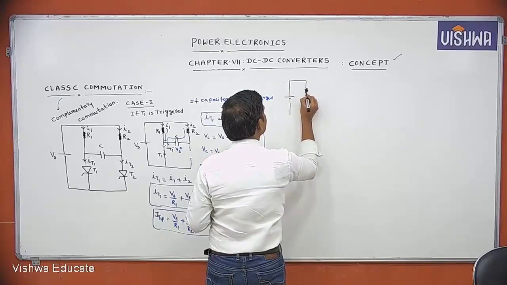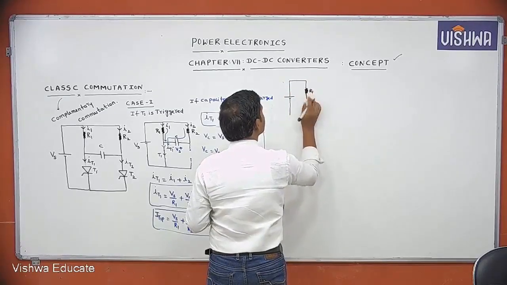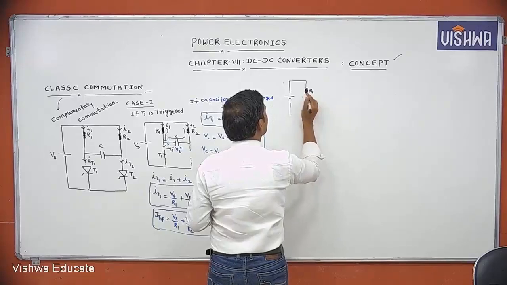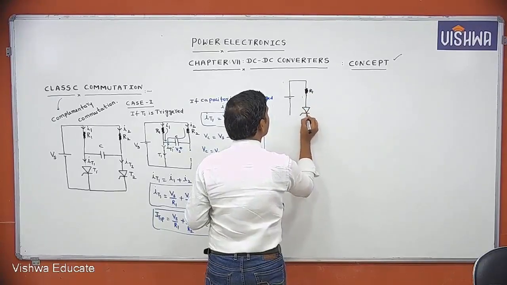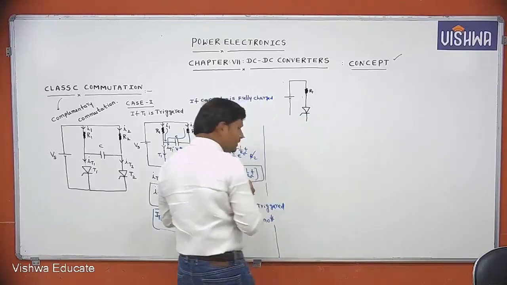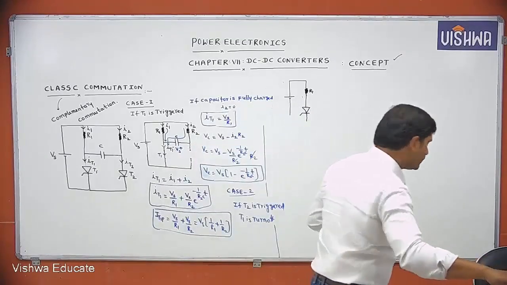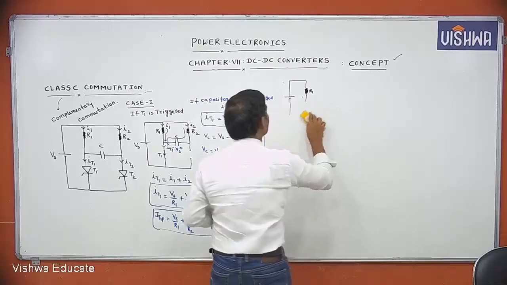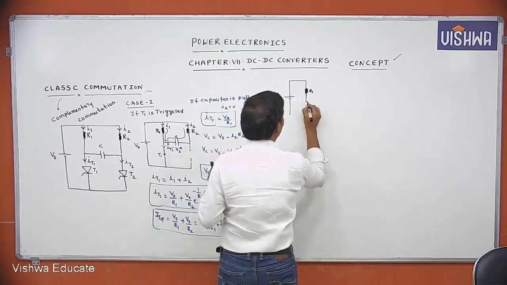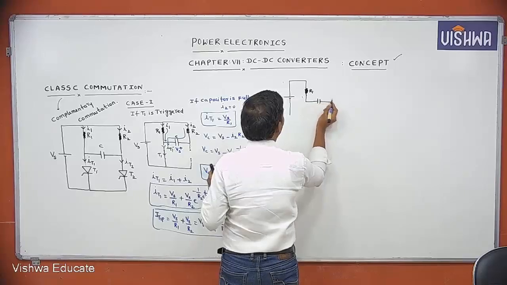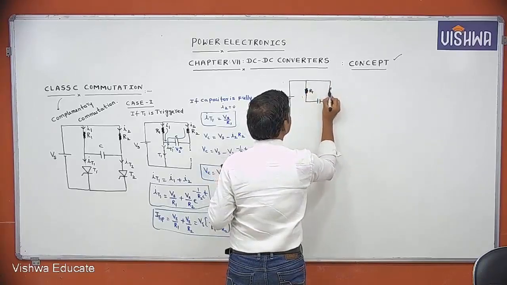This is Vs. This is R1, the thyristor. T2 is triggered means T1 is turned off. Okay, this is a capacitor, and this is R2.